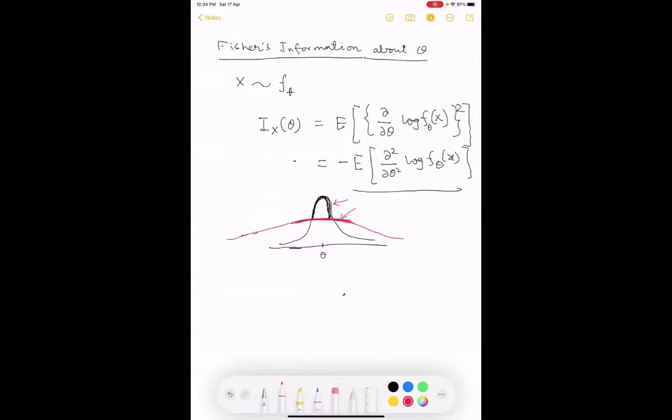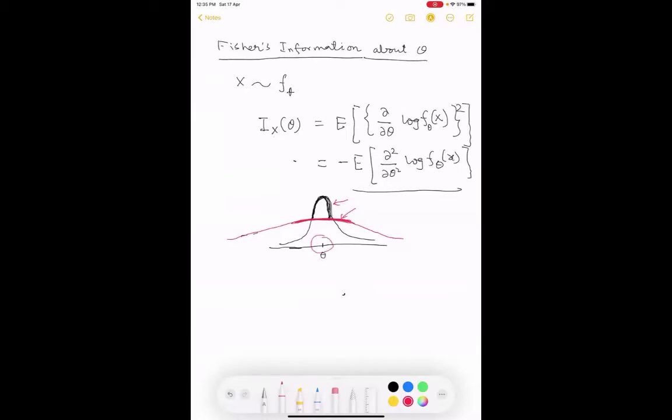Correct. That is something he probably tries to capture, because this likelihood is around theta, and how the curvature is changing will matter. If the curvature is changing very sharply, that means it has a lot of information about theta, because most of the mass is around theta.